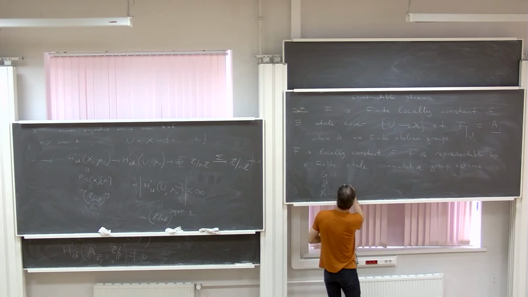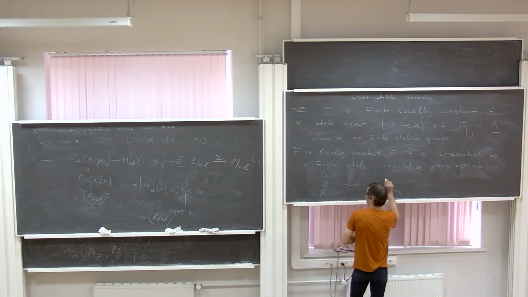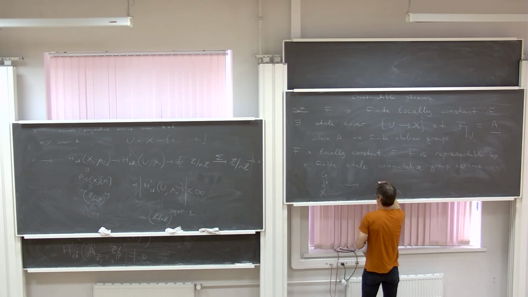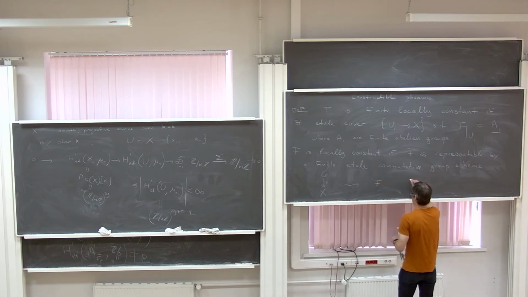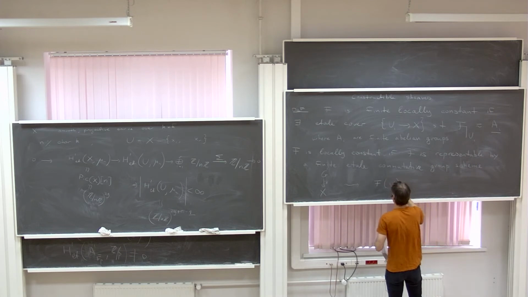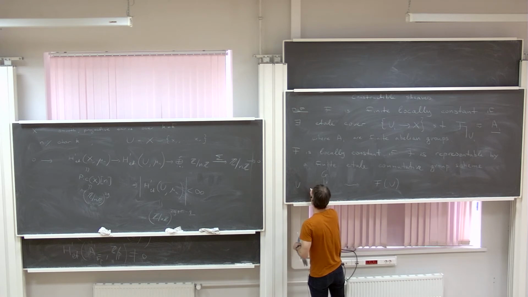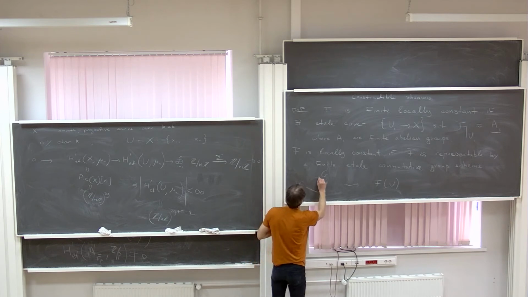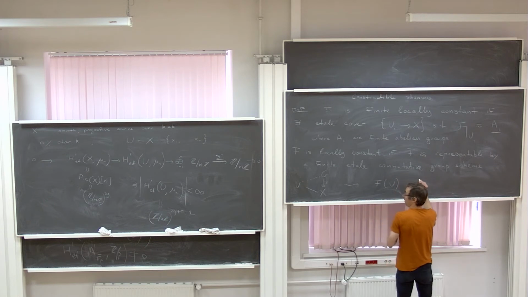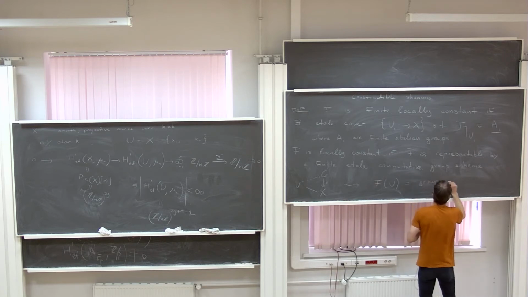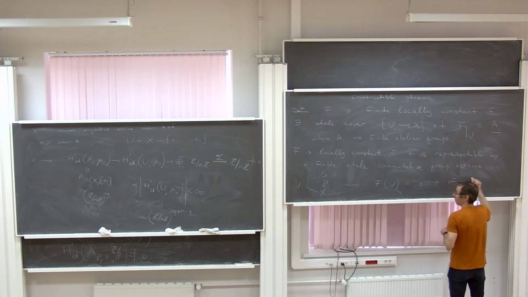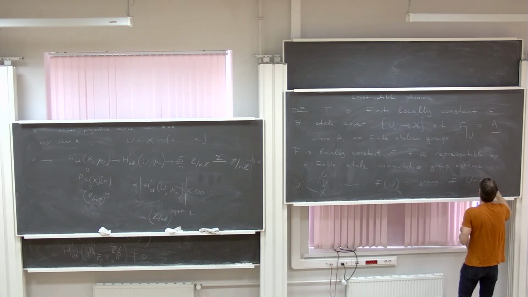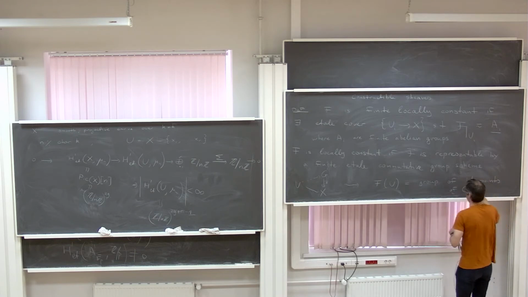Then I can define a sheaf F by assigning to every étale open set U the group of sections of G over U. Well, let me say that this is the group of U-points of G, right?